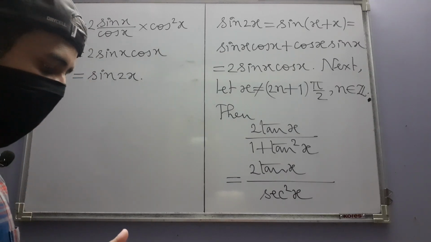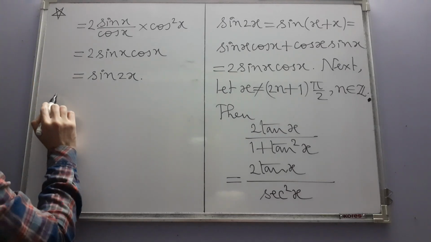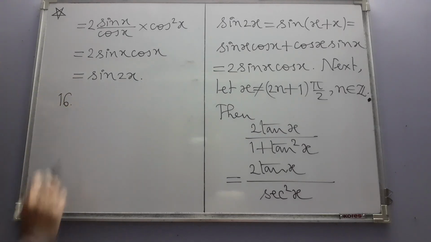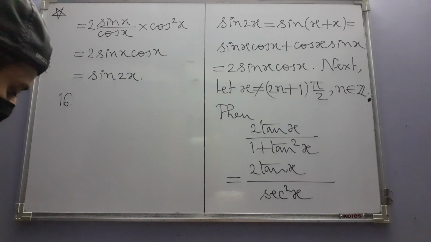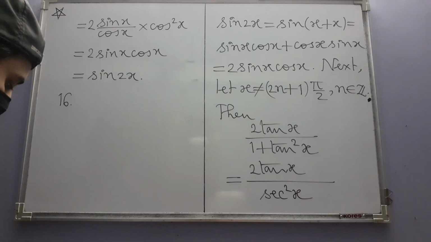Next comes the identity for tan 2x. Because tan is there in the beginning itself, we are going to need conditions.